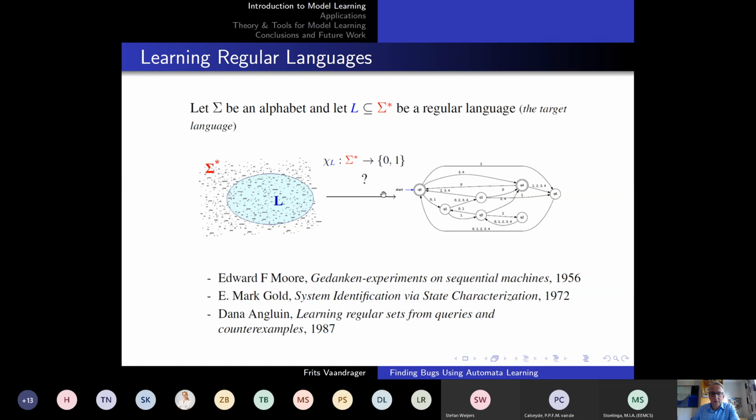And so what we want to compute is a finite representation of this function, and an automaton is such a representation. This is an old problem, and already in 1956, Edward Moore had a very nice paper, Gedanken Experiments on Sequential Machines, where he addressed this problem.